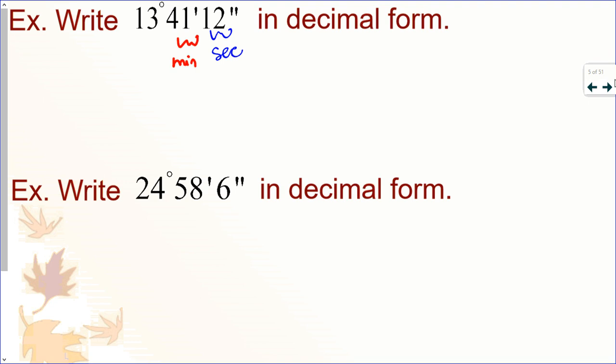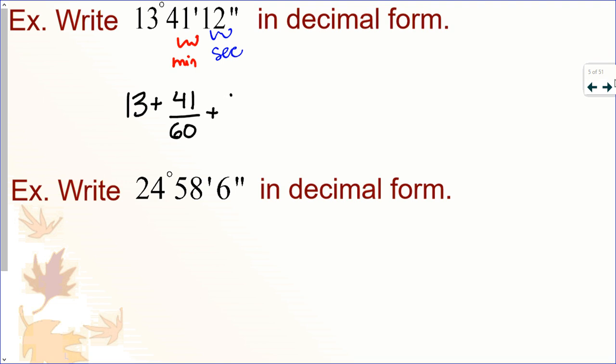So we are putting this in decimal form. So the 13 stays the 13, plus we have to add on the minutes. It's going to be 41 out of 60 for the minutes. And the reason you divide by 60 is because there are 60 minutes in a degree.